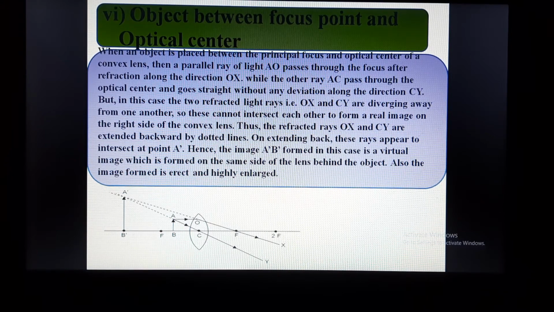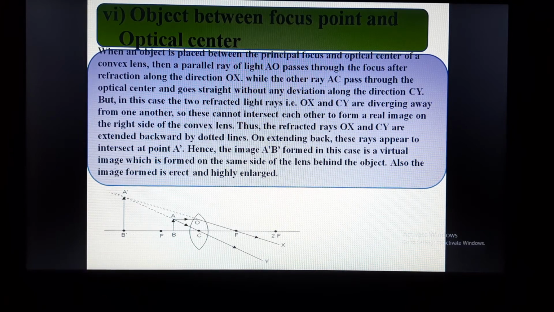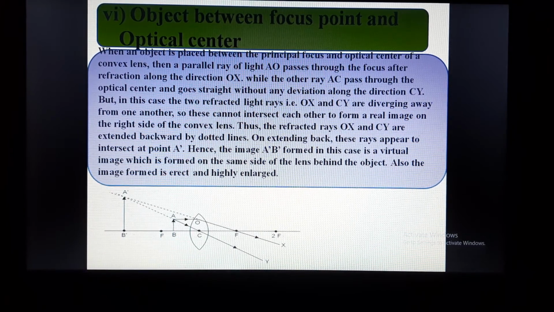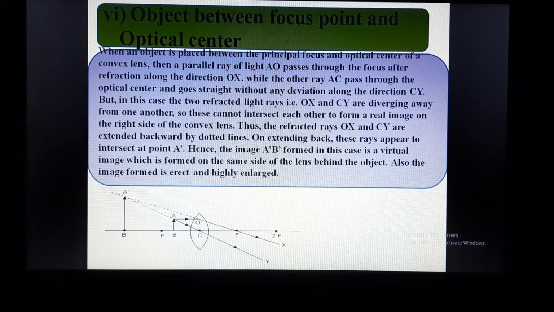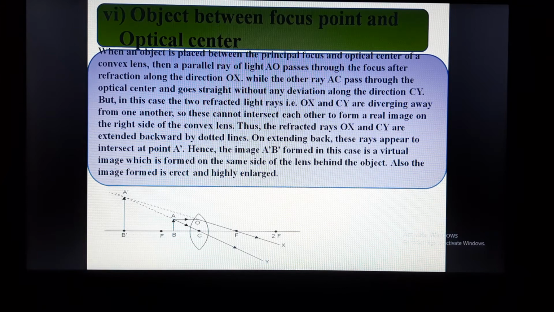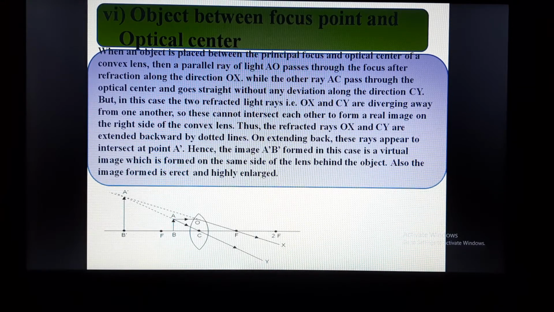And this type of image is called an erect image. Why? Because the direction of the object and the direction of the image are the same. They are in the same direction, so this type of image is called an erect image.